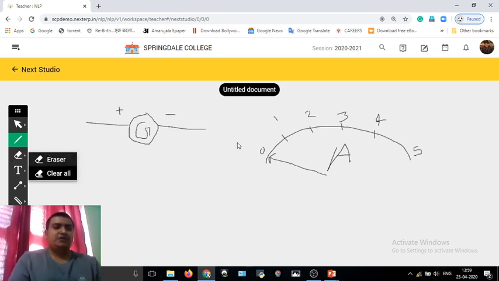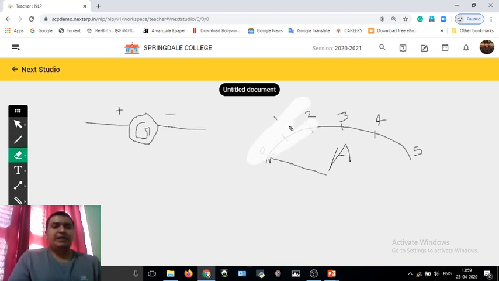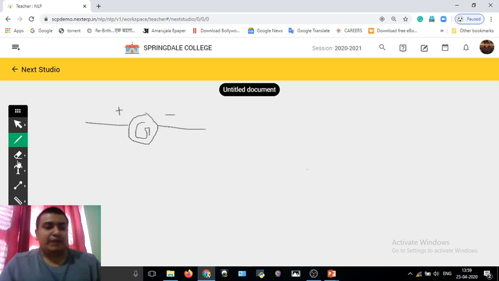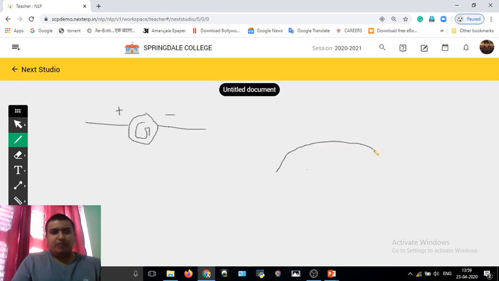While in the case of a galvanometer, the marking of this device is quite different. A galvanometer is used just to get the idea whether current is present in the circuit or not. In a galvanometer, the 0 point, the mean position, is in the middle.